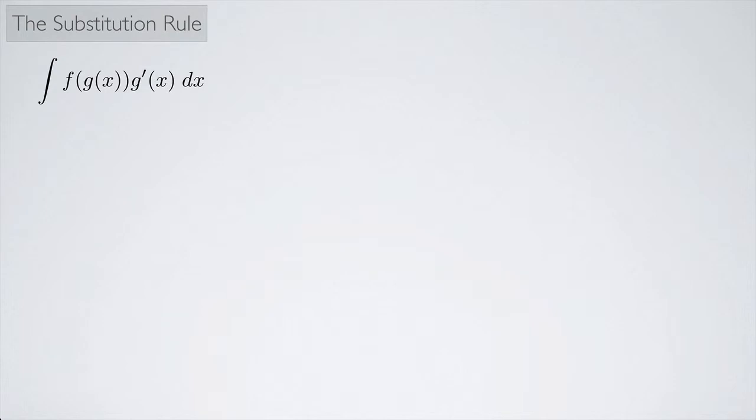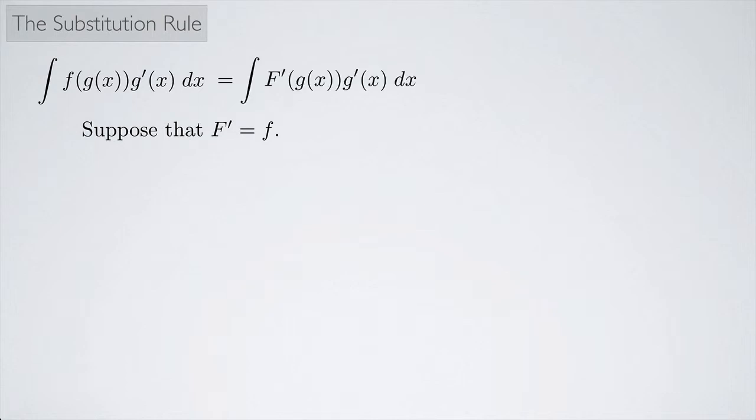So let's continue with this and see how this actually works. So we have the integral of f of g of x times the derivative of g, and I'm going to suppose that capital F prime is equal to f. So I can rewrite this in terms of my capital F here.